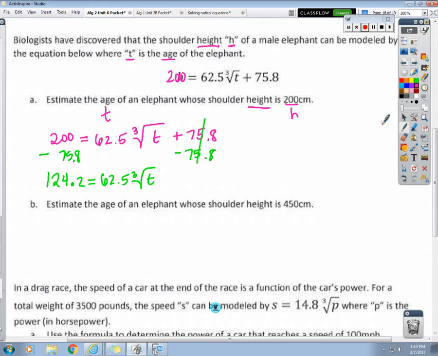Now what would I do? Now I would divide by the 62.5 to cancel it out. Let's just round it to the tenths place, that way we all get the same answer. What's 124.2 divided by 62.5? What? 1.8?